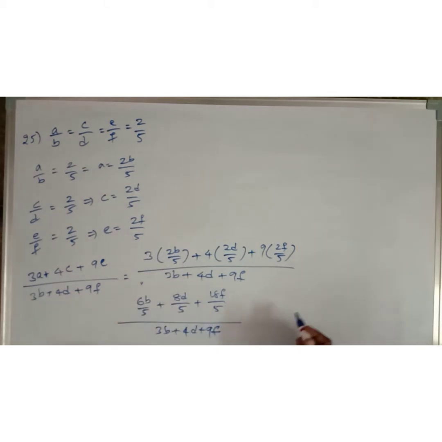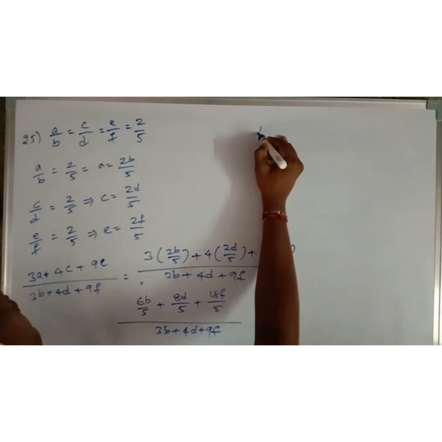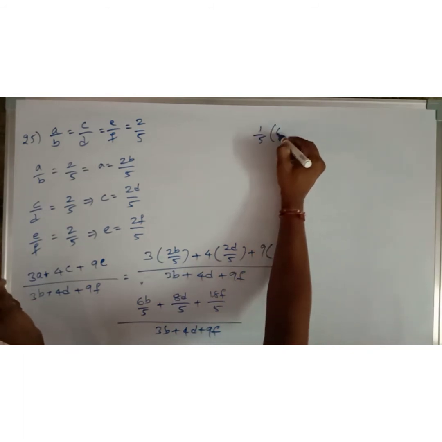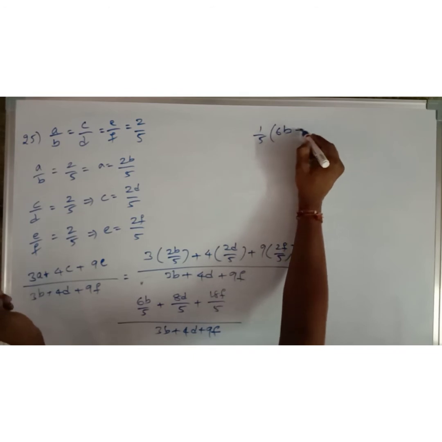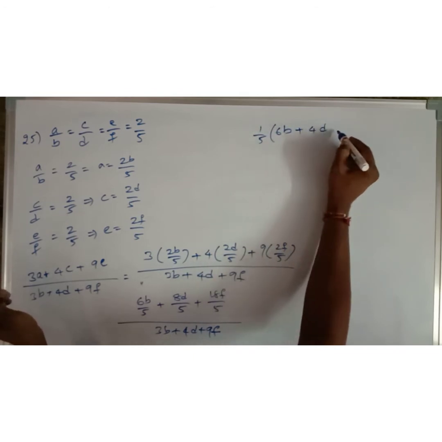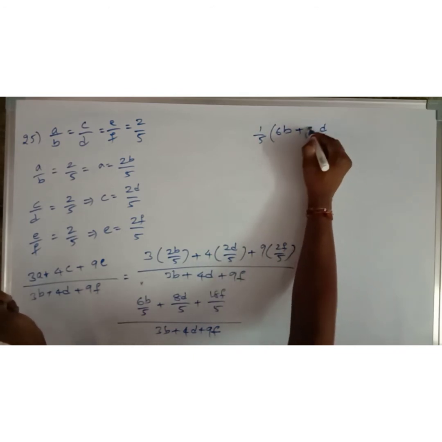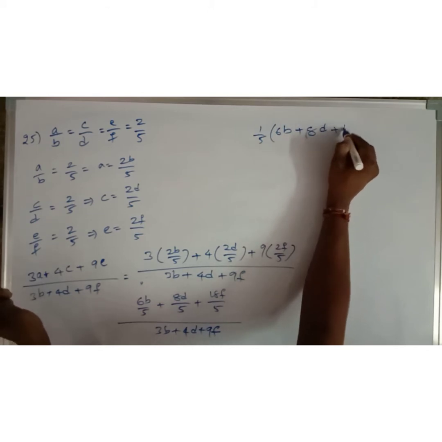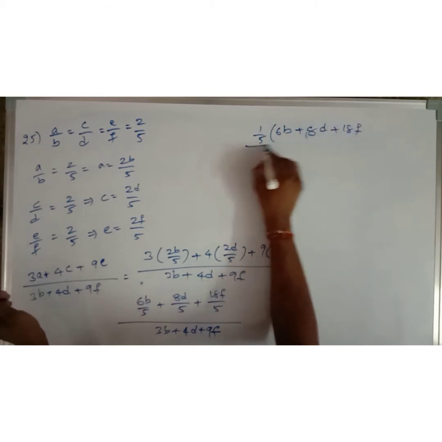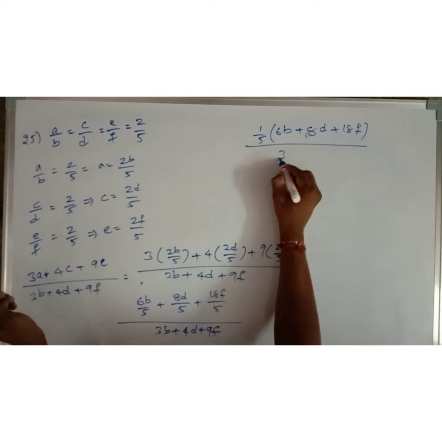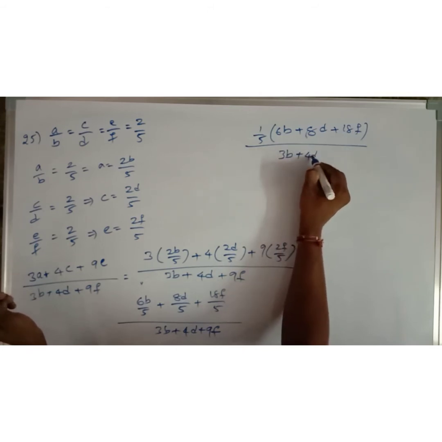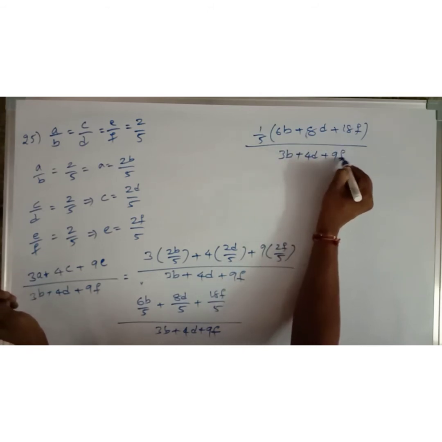So in this total I am taking 5 common. That is 1 by 5 common means 6b plus 8d plus 18f by 3b plus 4d plus 9f.